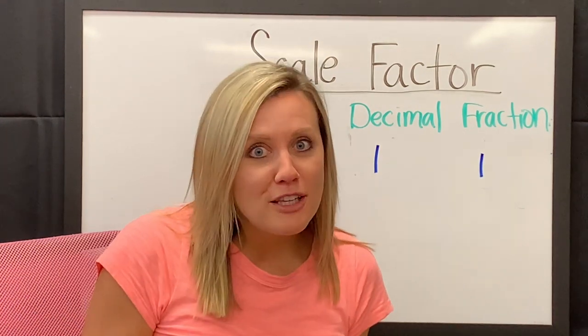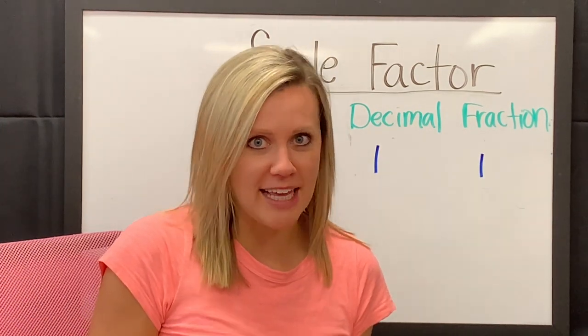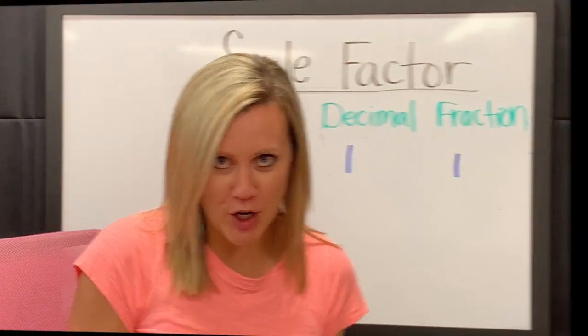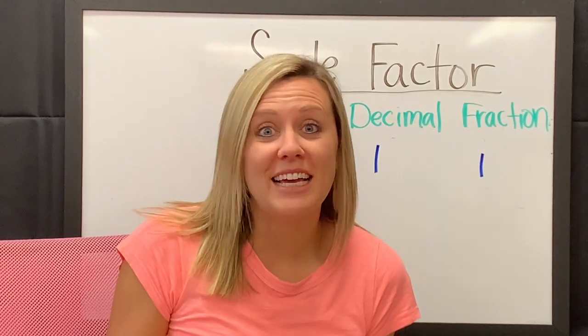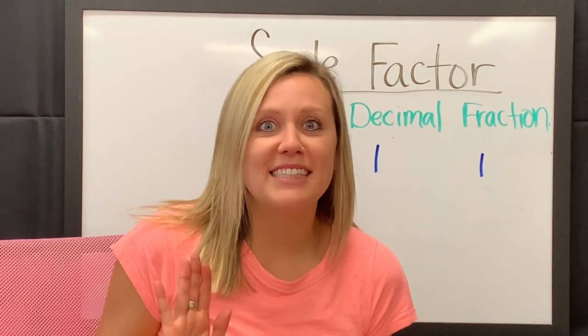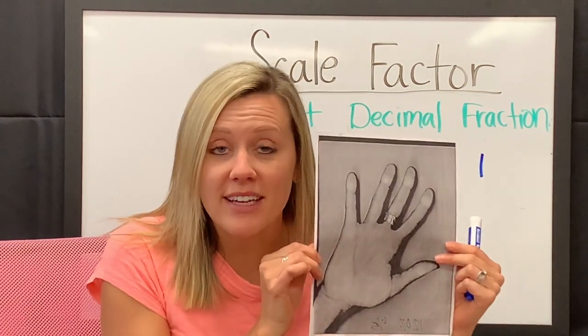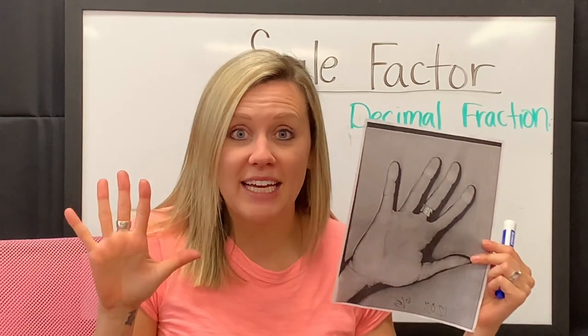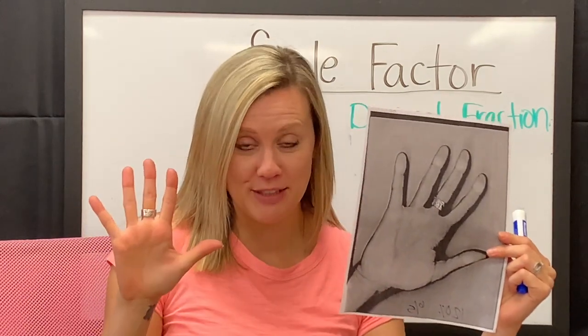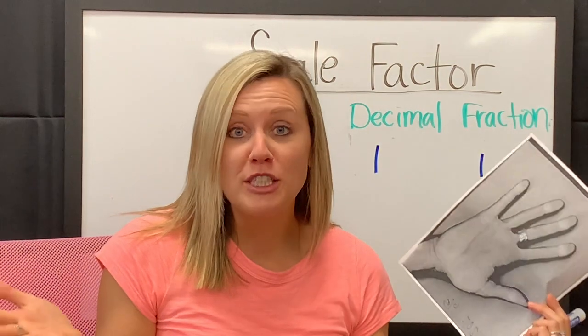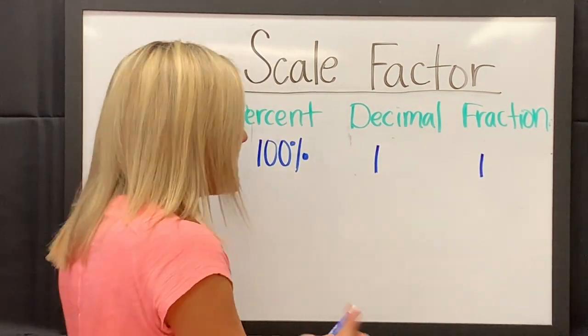So let's see what it looks like when I made my hand a little bit bigger. This time, I decided to go to the copy machine, and instead of writing 100%, I wrote 120%. That made my hand a bit larger, as you can see. So 120% would be called the scale factor.